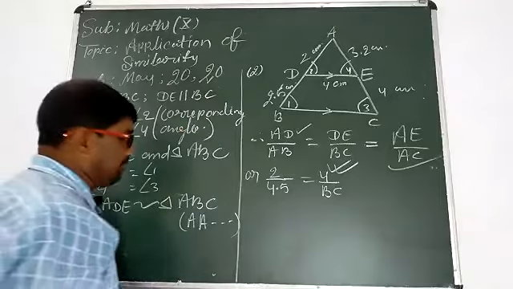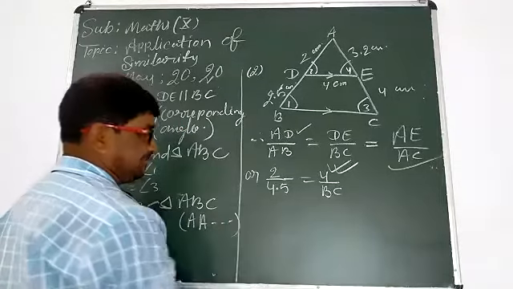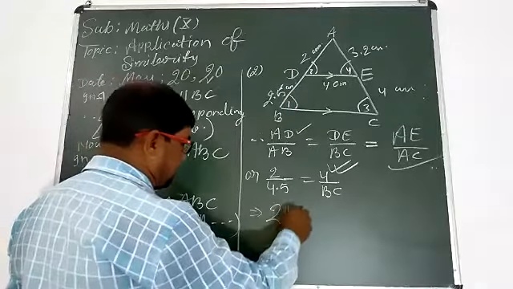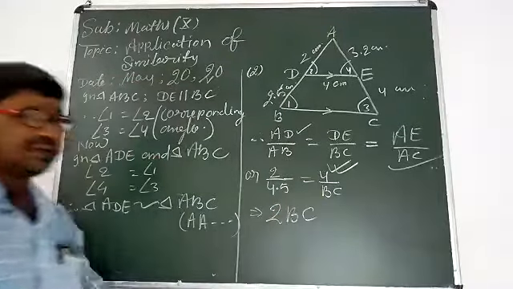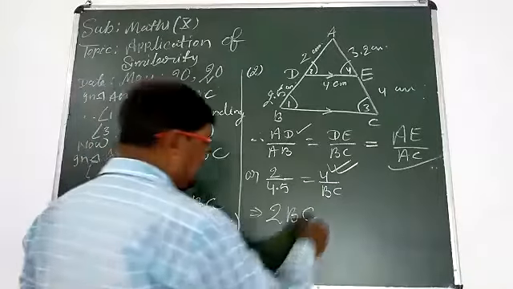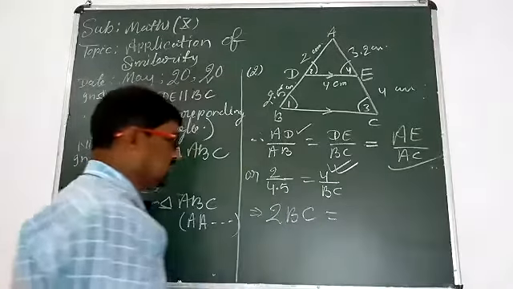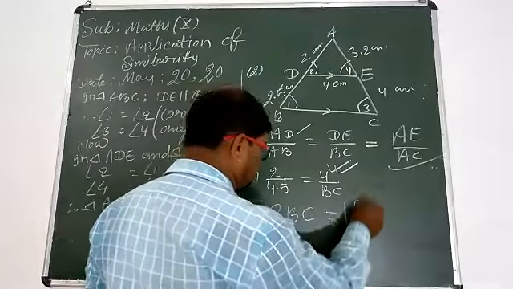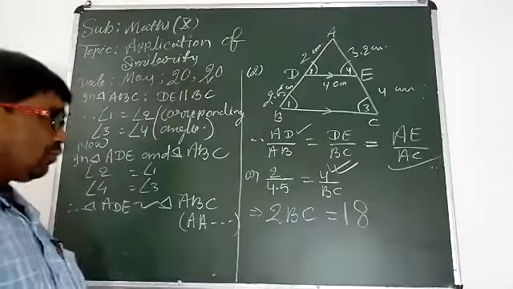Now go to the process, cross multiply. You can write 2 BC equals 18.